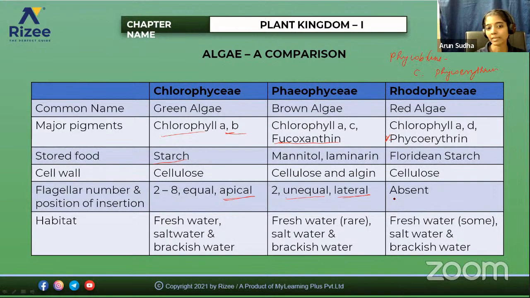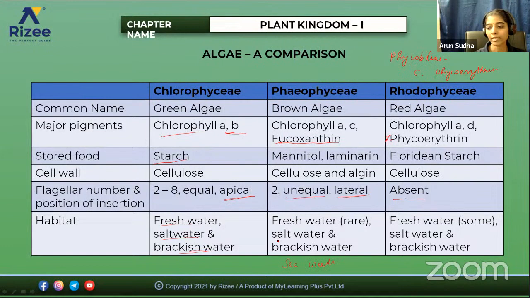Here the flagella are absent, so red algae are non-motile. Regarding the habitat, green algae are present in freshwater, salt water, and also brackish water. But brown algae are very rare in freshwater and mostly occur in salt water and brackish water. They are commonly called seaweeds.